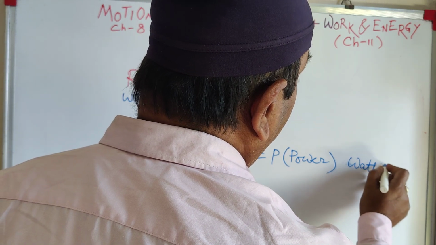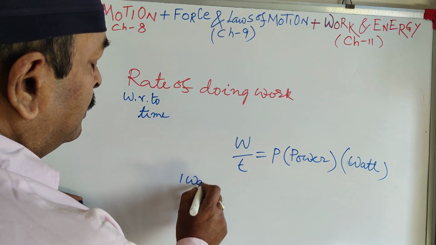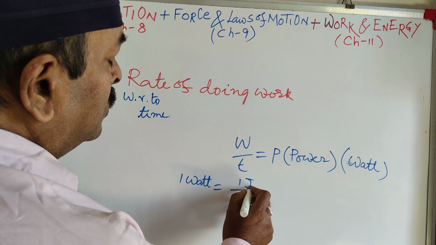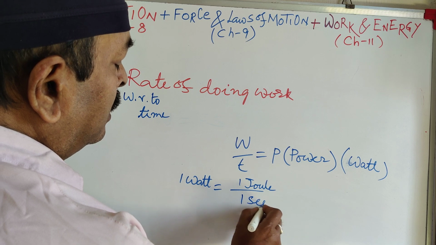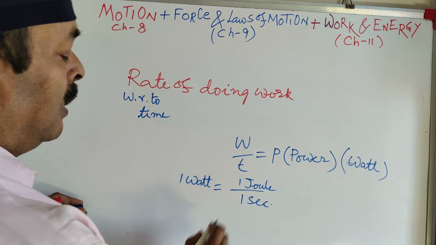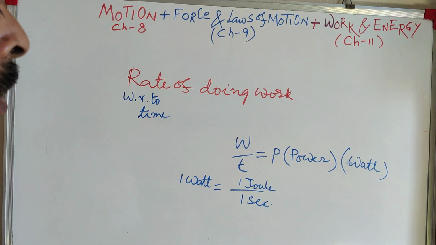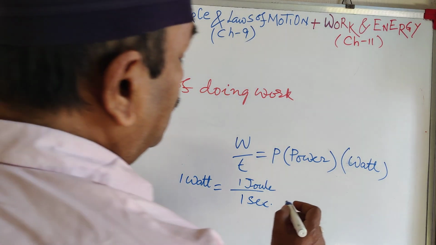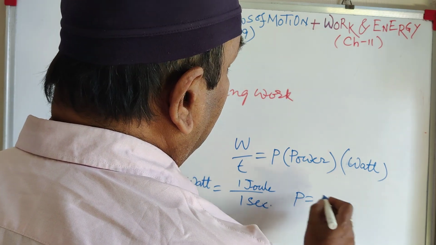So 1 watt is equal to 1 joule divided by 1 second. Joule upon second is equal to watt. Okay? So if we combine all the formulas together, power P is equal to work done, F into S, divided by time.